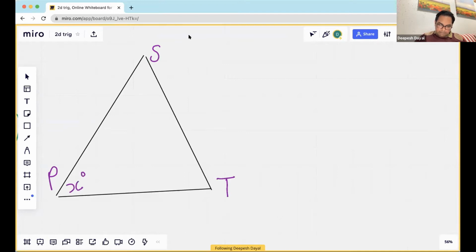Opposite, we've got 5.4 centimeters. And then here we've got 6.7. And we've got 95 degrees.